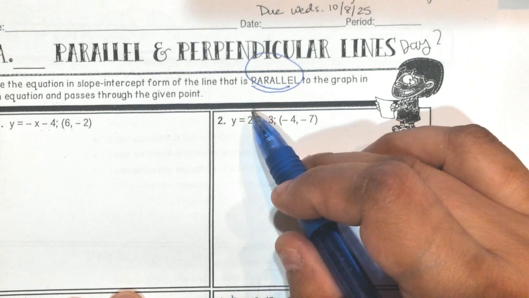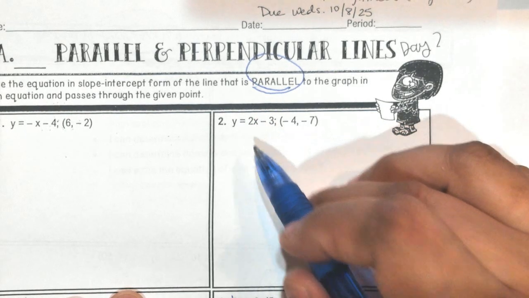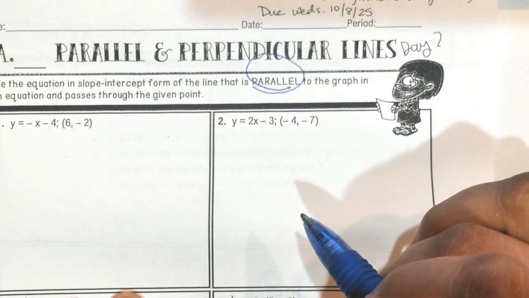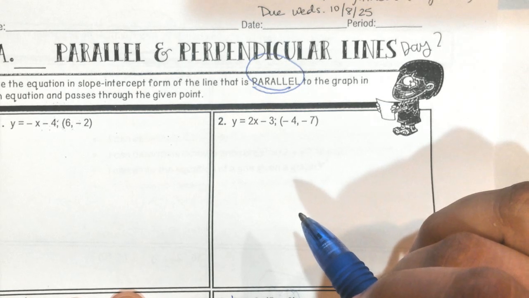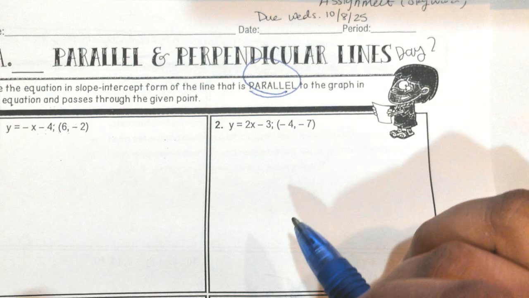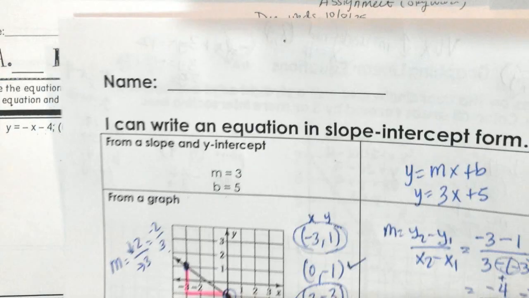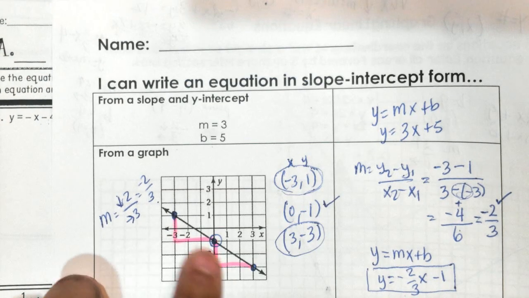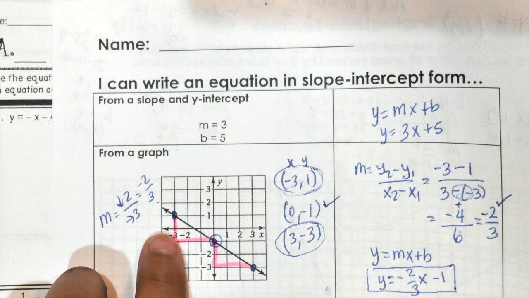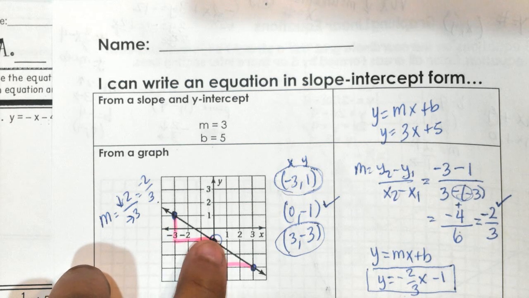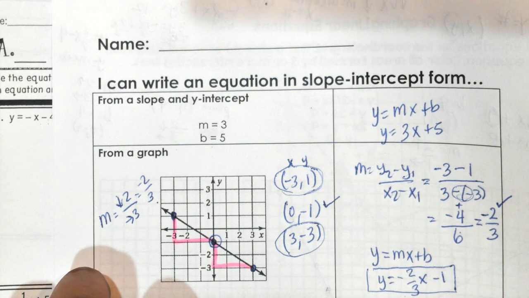Now, what if I give that to you in a graph? You're going to have to determine the slope of that graph. If I give you a graph that looks like this, you're going to have to determine the slope, because parallel lines have the same slope, perpendicular lines have the opposite slope.